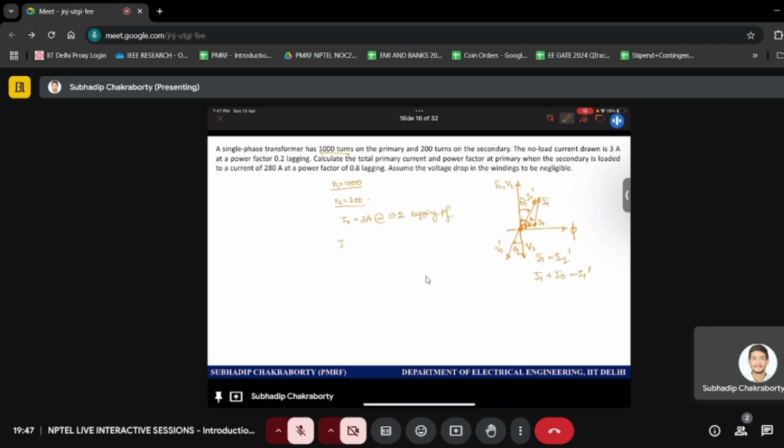Then they are asking us to calculate the total primary current. So total primary current I1 dash is I0 plus I1. And we know that the secondary is loaded with a current. So I2 is given as 280 at 0.8 power factor lag.